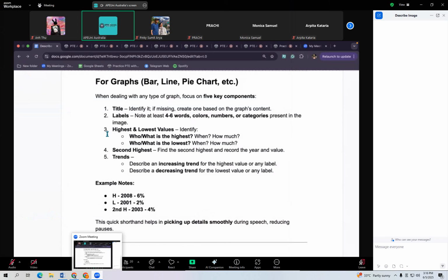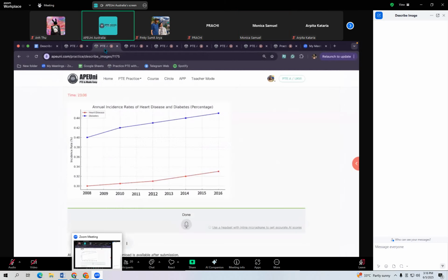For the third component, we will mention who or what has the highest, how much is it, and when, if the when is given. Then who or what is the lowest, how much is that, and if the year is given, the year as well. So let's say in this question, in our line graph, we have 2 lines, right? One for diabetes, one for heart disease.